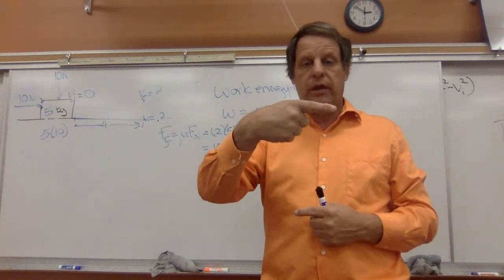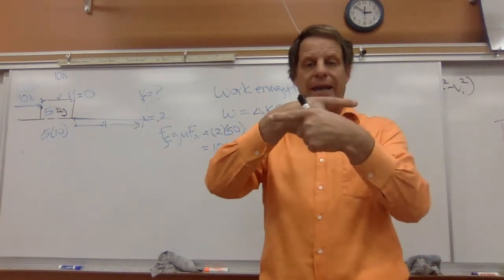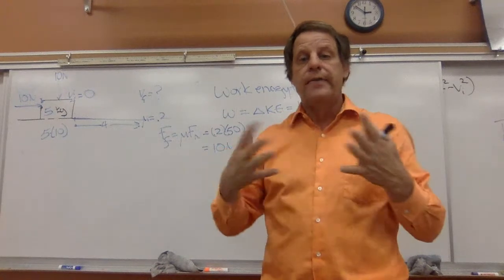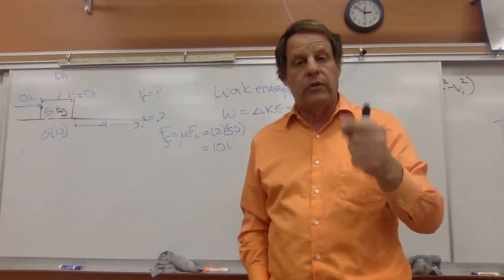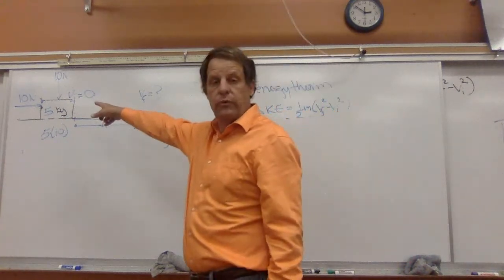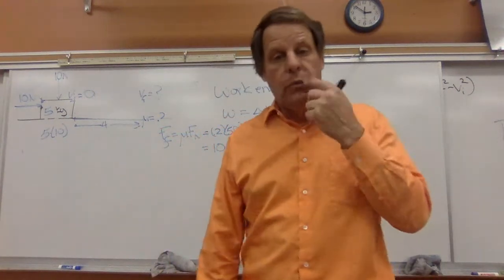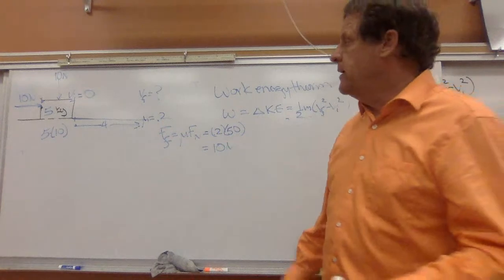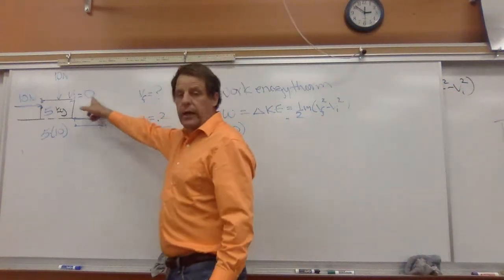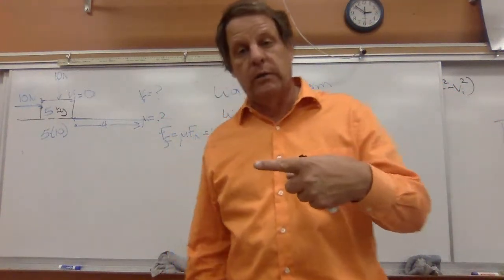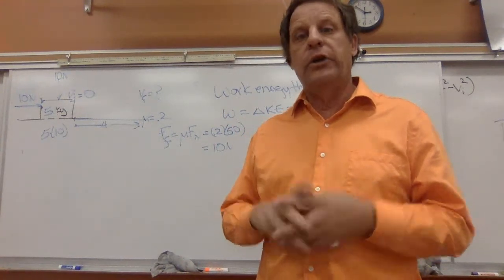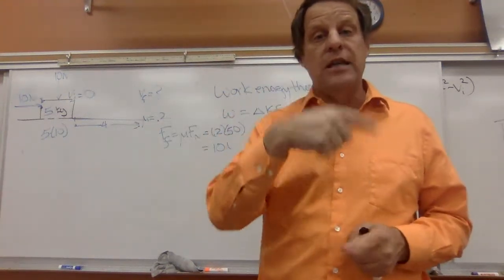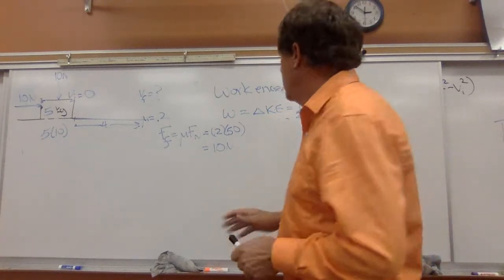Well, we had positive 10 this way, which is our applied force. We had negative 10, which is our frictional force. There would not be any net force greater than 0, so it wouldn't move. So it wouldn't move. We're not going to do any work. Now, before, okay, it was already going. And if it's already going and we don't have any outside force, it's going to continue to go at 1.